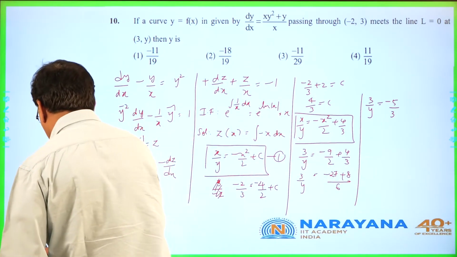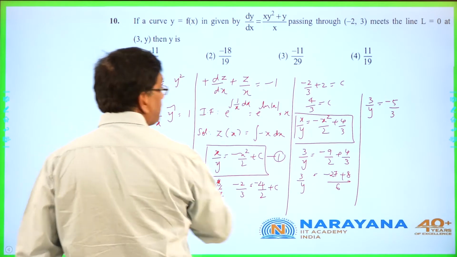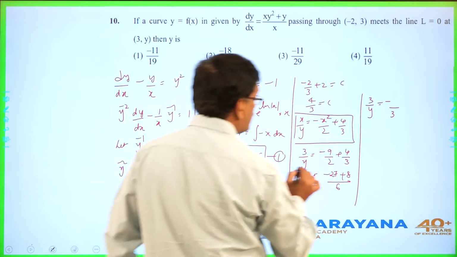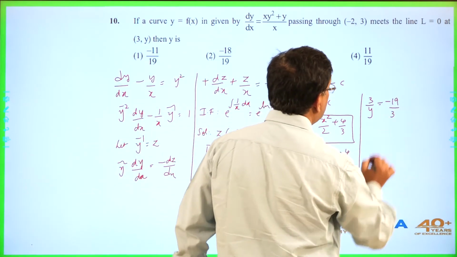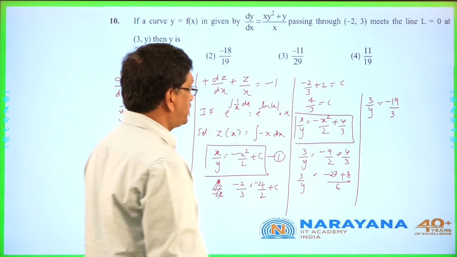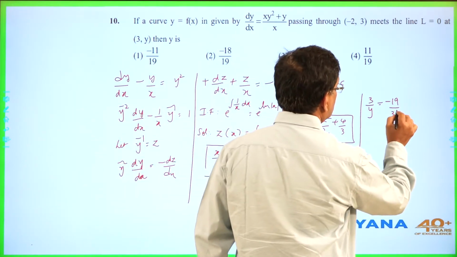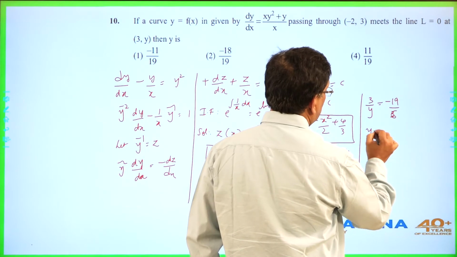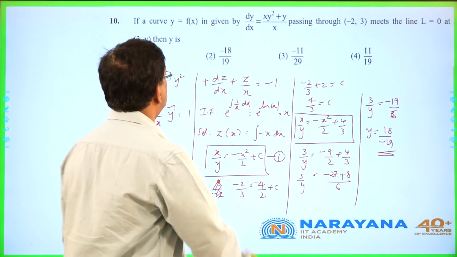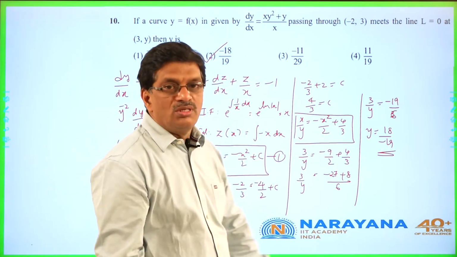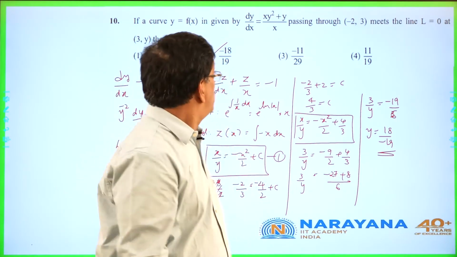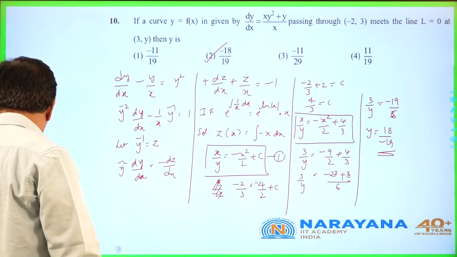This is minus 19 by 6. So cross multiply. y is 18 by minus 19. Please check it. So simple calculations, be careful. Okay. Let us go to the next question.